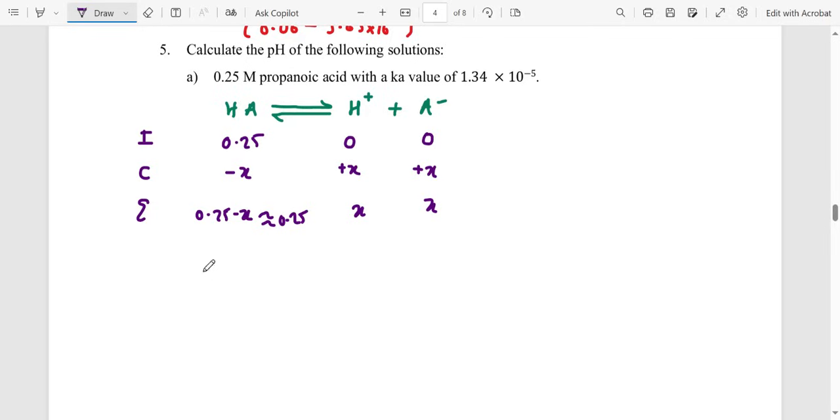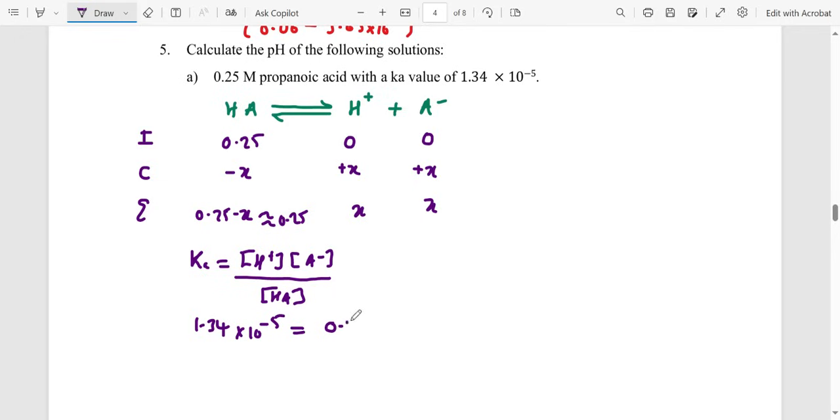So therefore, the Ka is going to be equal to the concentration of hydrogen multiplied by the concentration of A minus divided by the concentration of HA. Now Ka again is 1.34 times 10 to the power negative 5. Hydrogen concentration is 0.25 at equilibrium. Oh, sorry, it's x actually.